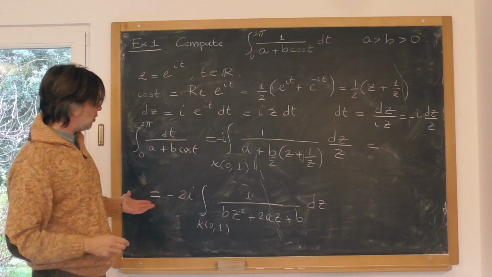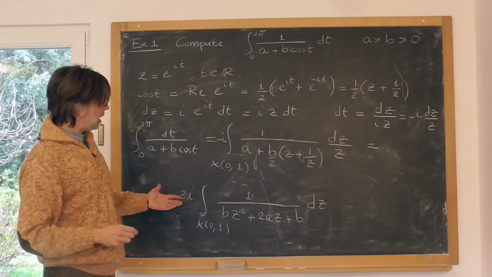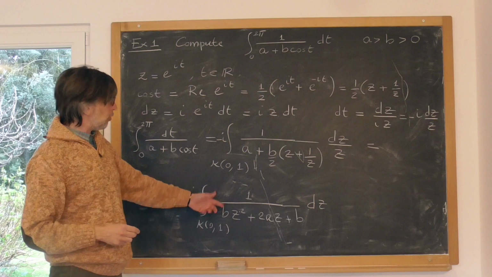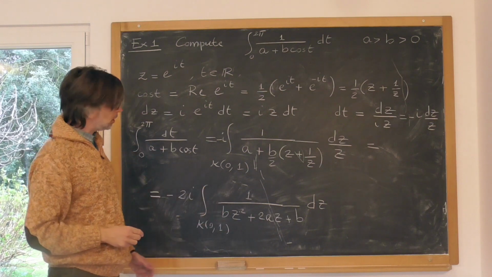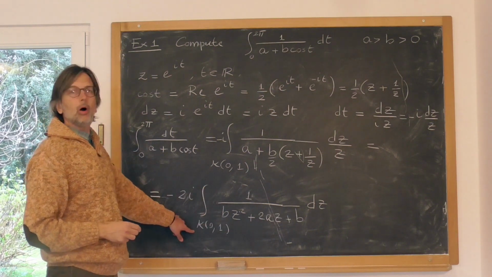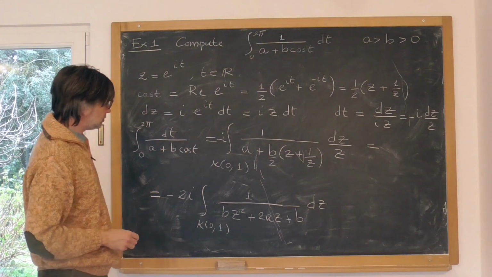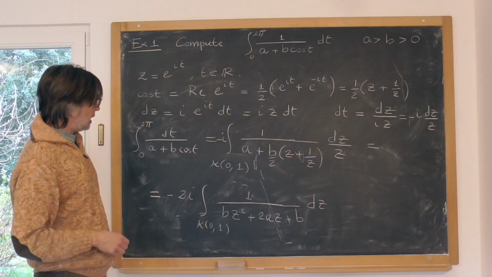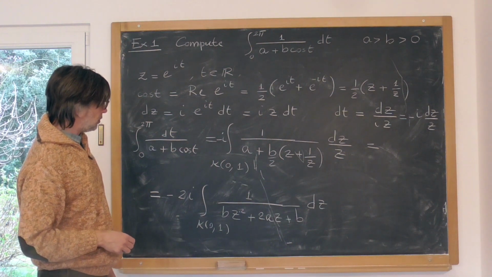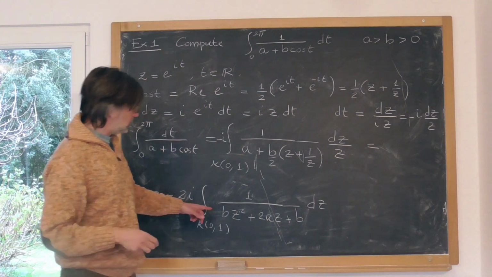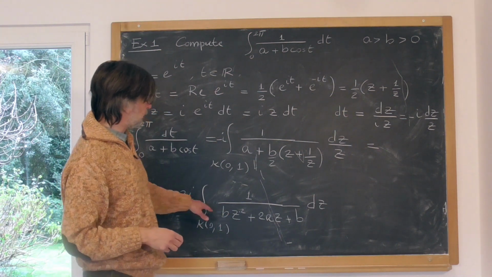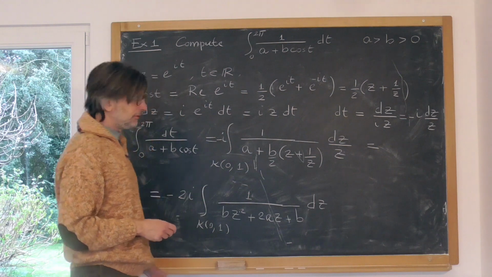And as you see, now we have exactly the integral of a holomorphic function, this is a rational function, on a contour. So we can apply the residue theorem, and we have to look for the singularities of this holomorphic function.